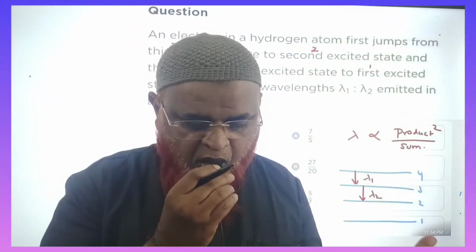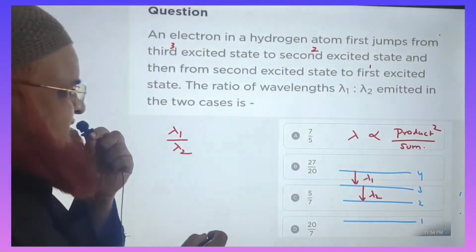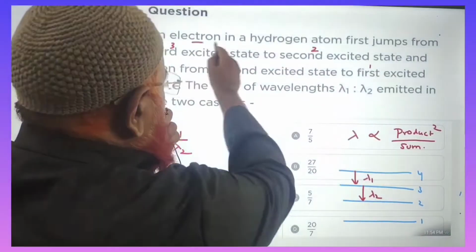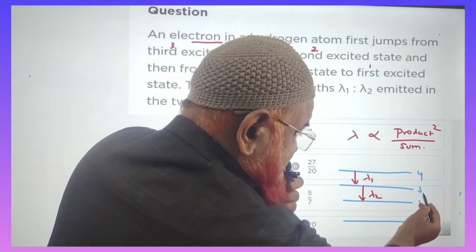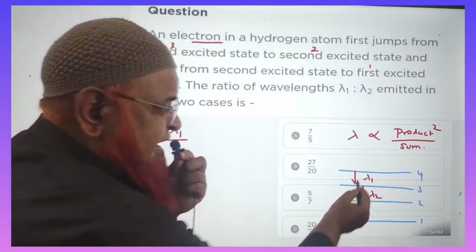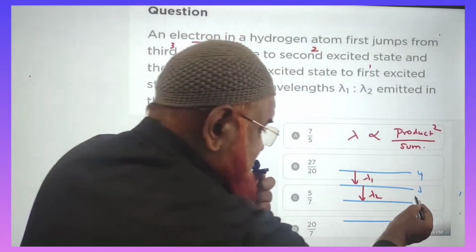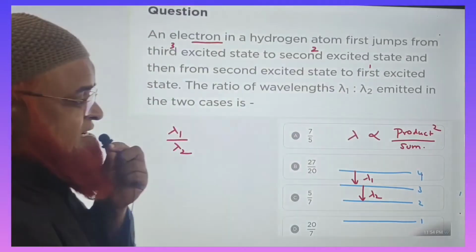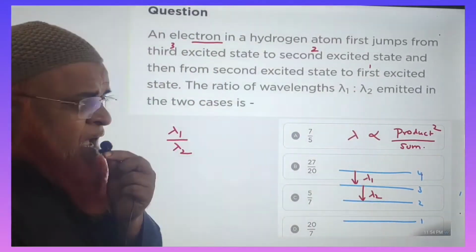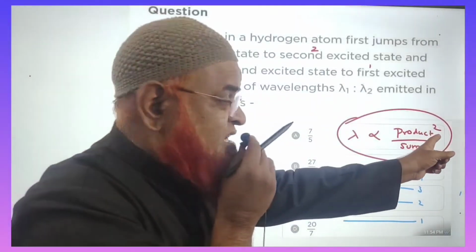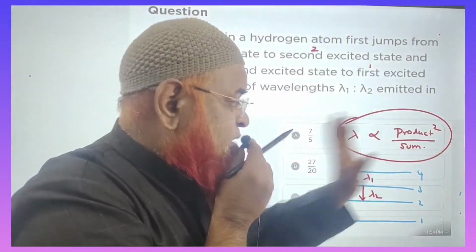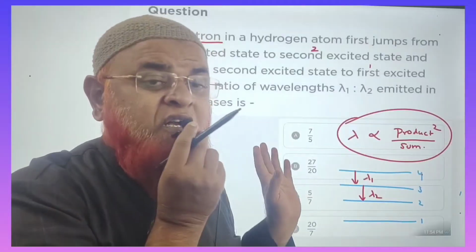My dear students, see the lengthy methods in the books. Not necessary. I have got a shortcut for you. The electron transition takes place from third excited state to second excited state. It is taken as wavelength lambda 1, and second excited state to first excited state, it is taken as lambda 2. The shortcut formula for you is lambda is directly proportional to product whole square by sum of principal quantum numbers.